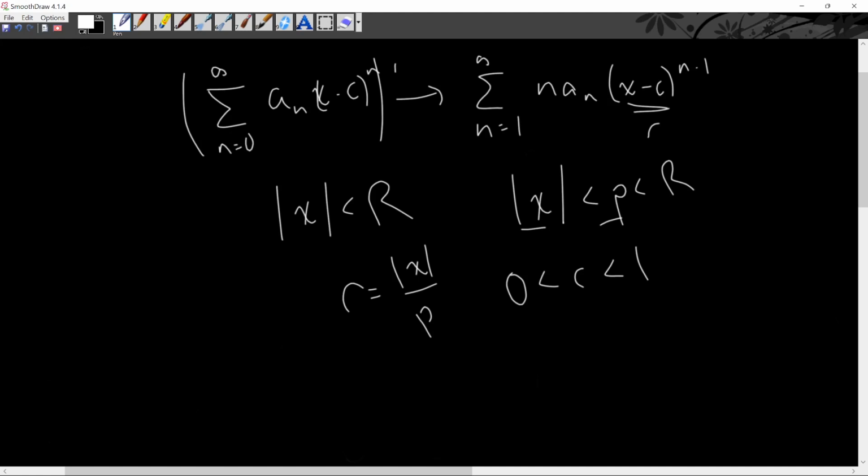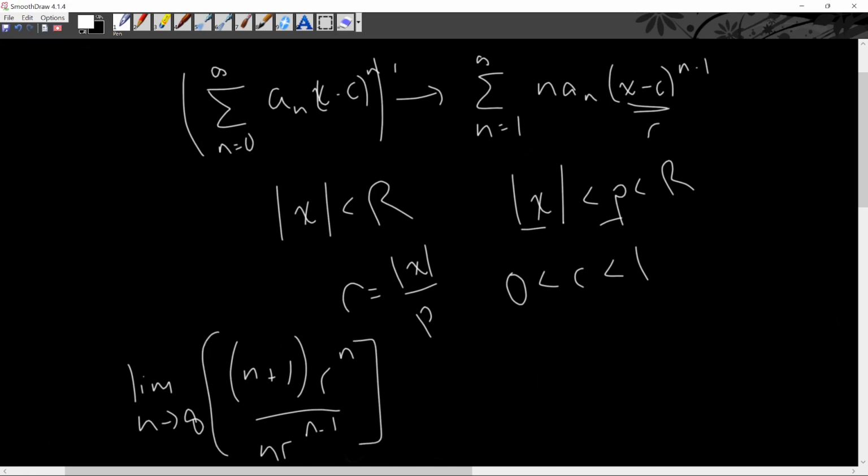Now we can do the ratio test and say the limit as n approaches infinity of the n plus 1th term, so n plus 1 times r to the n over n times r to the n minus 1. What is this value? Well, r to the n over r to the n minus 1 becomes r in the numerator, because that minus 1 will become positive 1.